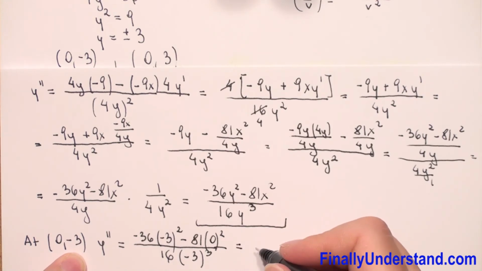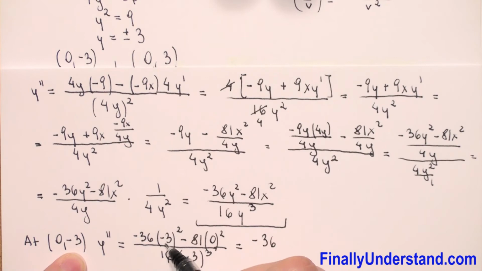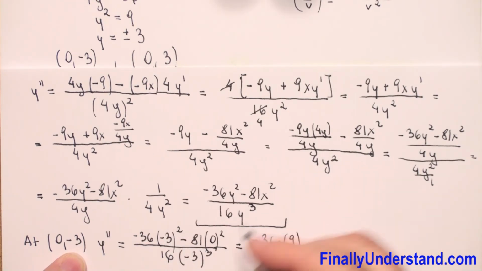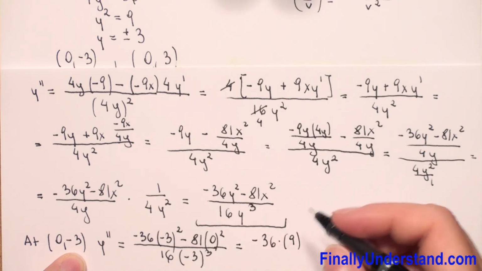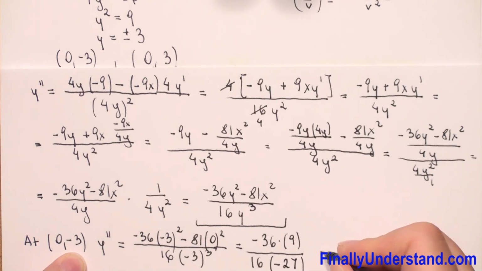So this is equal, we have negative 36 times negative 3 to second power is 9. 81 times 0 will be 0. So we have 16 times negative 3 to third power is negative 27.